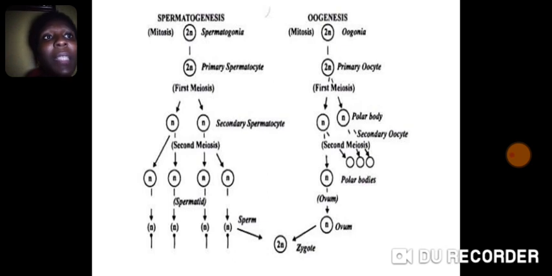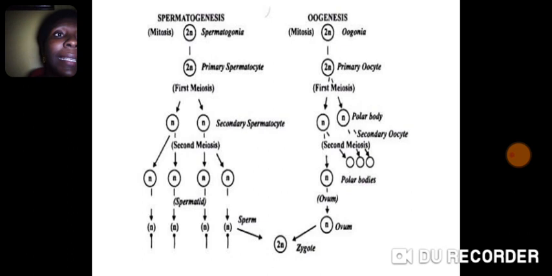Okay, so take note. And you should know the number of secondary spermatocytes, for example, formed during the first meiosis of spermatogenesis. You know it's 2, but at the second meiosis, 4 spermatids will be formed, which will become the sperms.